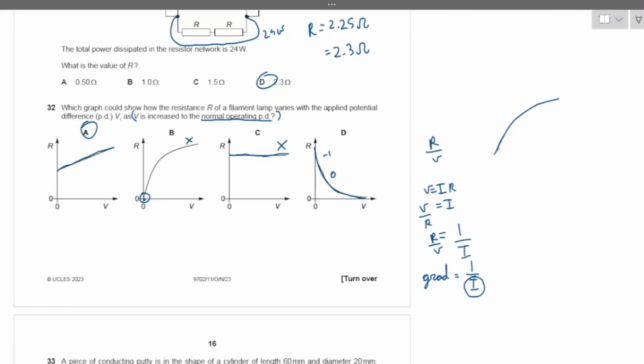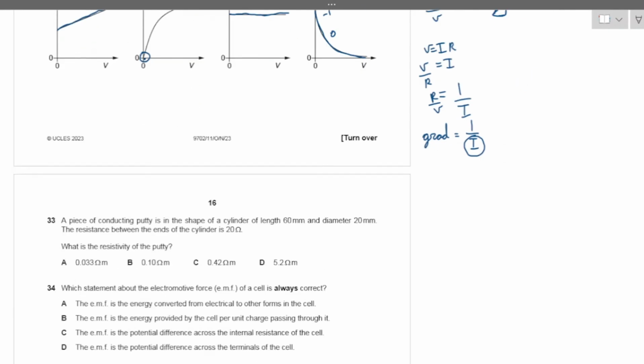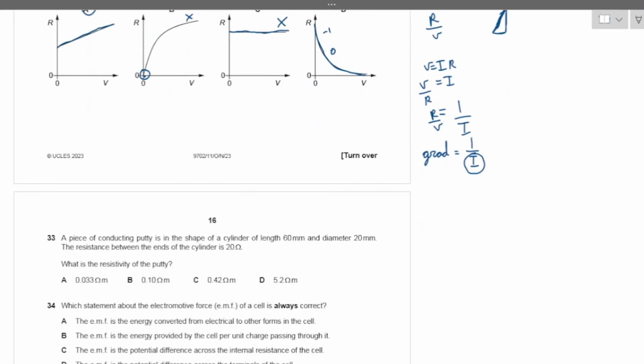The normal operating PD is usually very small. For a very short period, the gradient does remain constant, right? But over very large PDs, the resistance starts curving and a curve forms. So if they talk about normal operating PD, just keep a lookout for such graphs. So option A is correct for question 32.